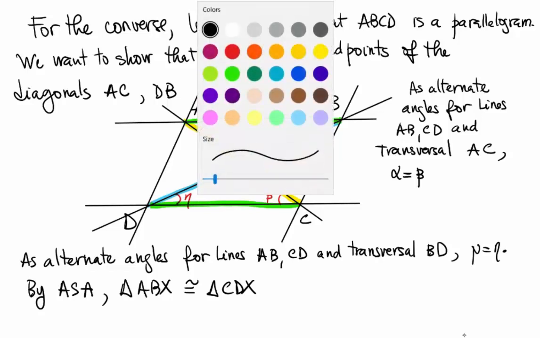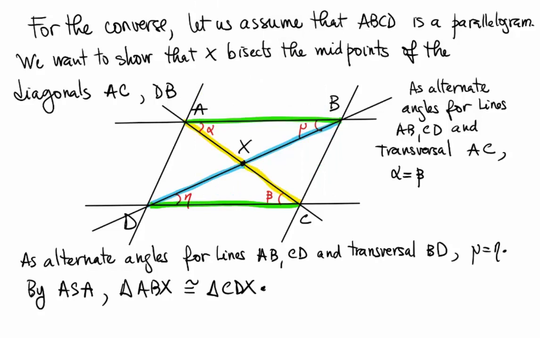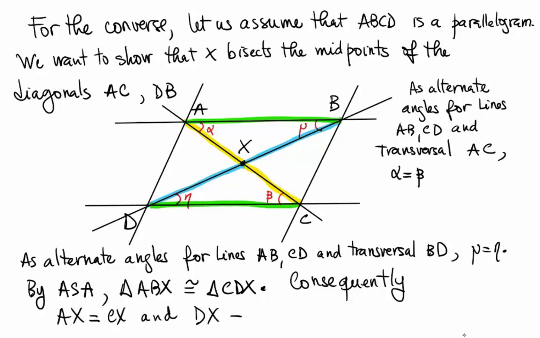All right. So consequently, we can then say that AX is indeed equal to CX and DX is equal to XB as desired.